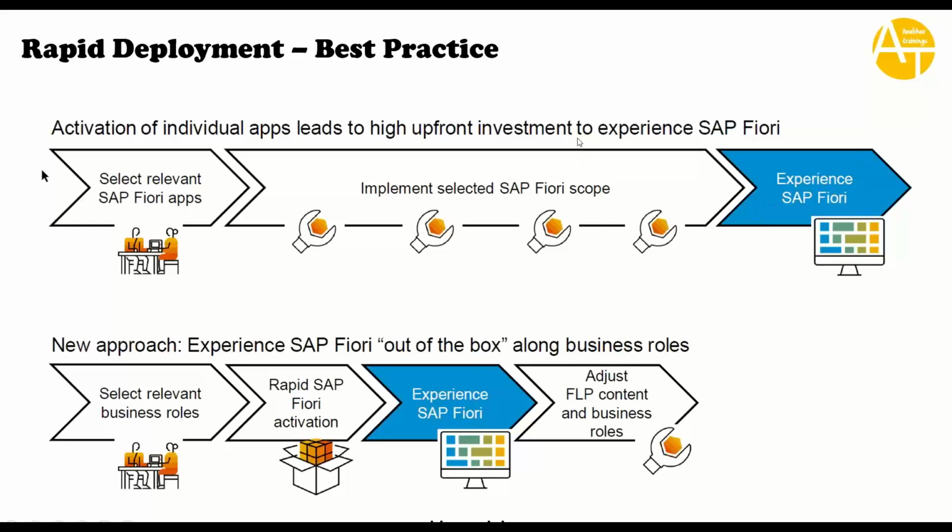But with rapid Fiori activation, SAP says, new approach: experience SAP Fiori out of the box along with business roles. You select the roles, and rapid Fiori activation is done. You see this packet, you open the box and start experiencing Fiori. And then last, you do the manual activity for adoption of your content, which we will do later on.